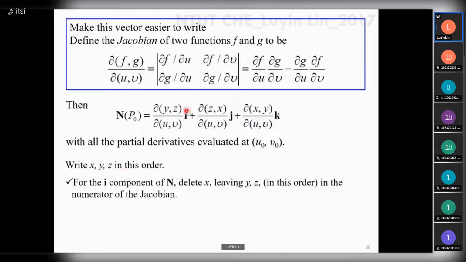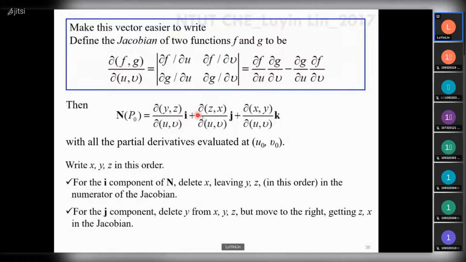If you want to see the first one, just delete x and you will have yz. For the second, in order x, y, z, delete y and you will get zx, not xz.